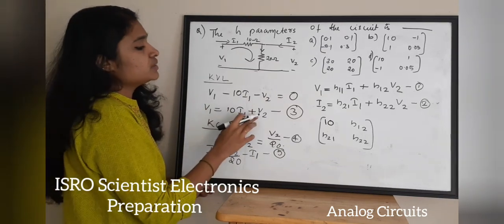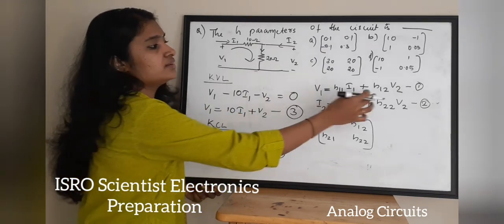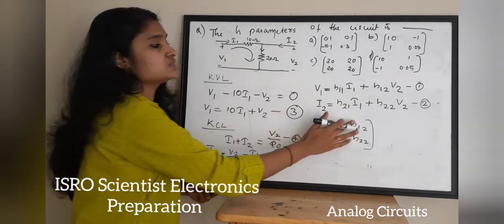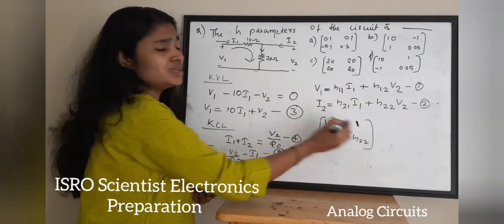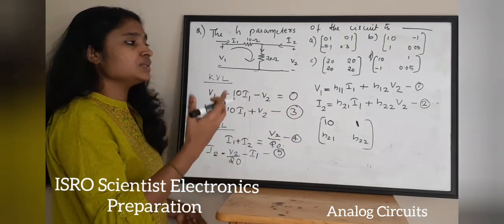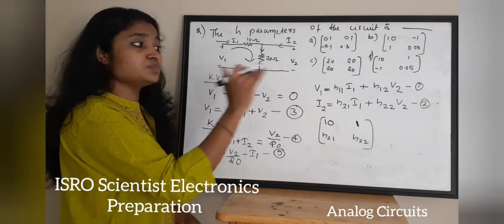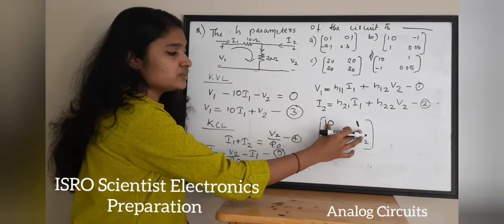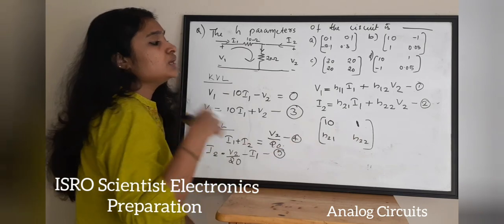Plus, here it is plus H12 V2. So what is the value of H12? It is 1. This is very easy, right? If you know this equation, this is very easy. Now you need to think how to form an equation similar to this equation so that you can equate both. So we have got the values of H11 and H12.